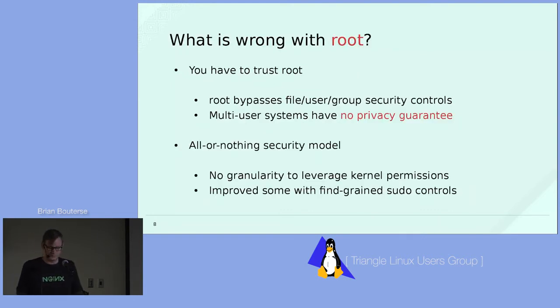All right, so what's wrong with root? You have to trust root. You have to trust your sysadmin. And maybe that's a fine thing. Maybe your sysadmin is a great person and very trustworthy. But I prefer to live in a world where you don't have to just trust a person, or just trust your administrator.